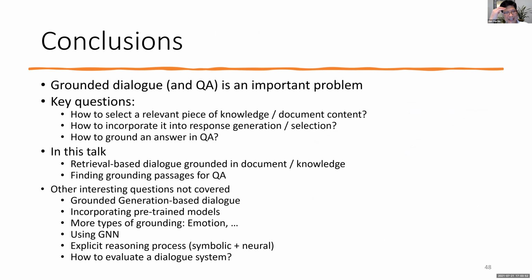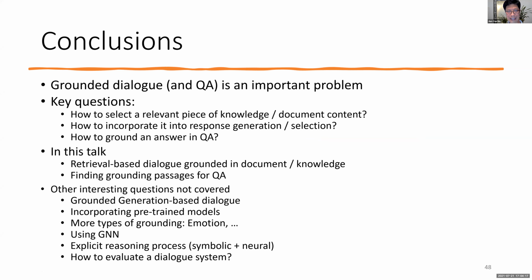So I hope that I have convinced you that grounded dialogue is important, because when you have a dialogue system, you don't necessarily always want to do chit-chat, where you talk about whatever without relying on some valid information or knowledge.